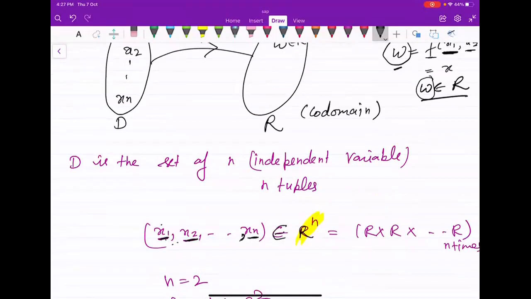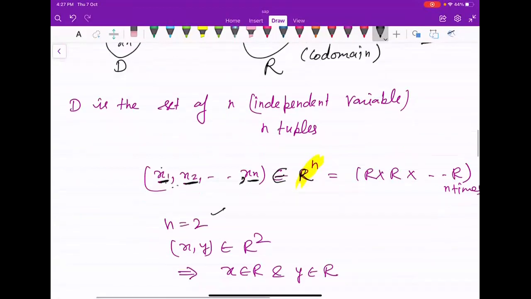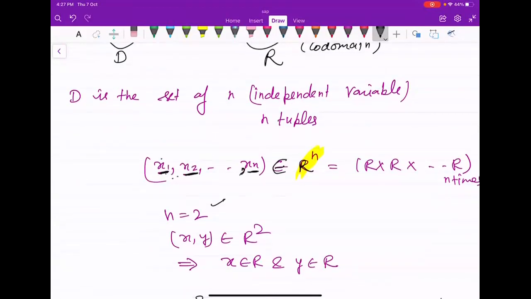If you take n equal to 2, there are two components, also called an ordered pair. It belongs to R square. That means the first argument belongs to R, and the second argument also belongs to R. So R cross R means each element of this pair belongs to R, and we can say xy belongs to R square.